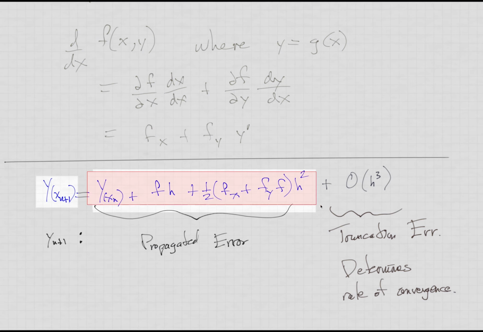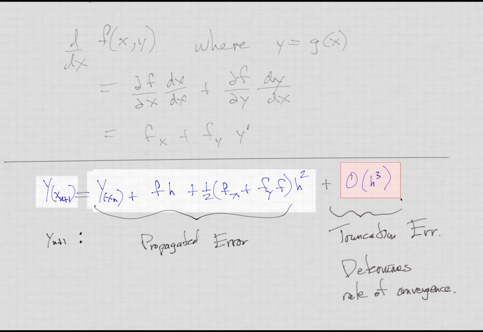This whole term here, or these three terms here, represent the propagated error. They're the terms that we will not be able to calculate exactly when we're doing our numerical calculation. So that's where the propagated error will come from. Inherited error because our previous value of y was wrong. And then this will be the truncation error because no second order Taylor series could give us the exact value, so we're always going to be working with an approximation.